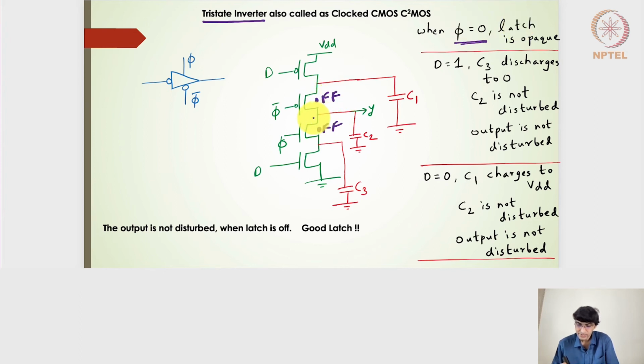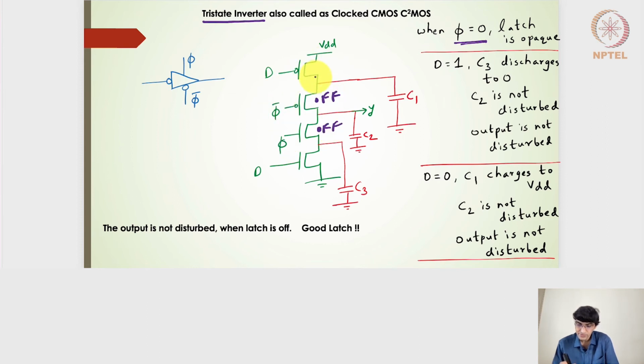When phi is equal to 0, that means phi bar is equal to 1, so the PMOS will be off. And let's say that the input changes, right? What we really don't want is, if phi is 0, the output node should not change at all, right? But because these 2 clocks are 0 and this will be 1, these 2 transistors will be off.